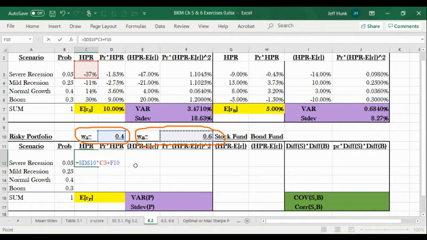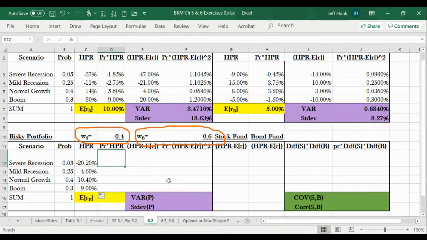I will lock into that because I'm gonna need it repeatedly, times the bond return under severe recession. There you go. And then I drag it down. Okay.